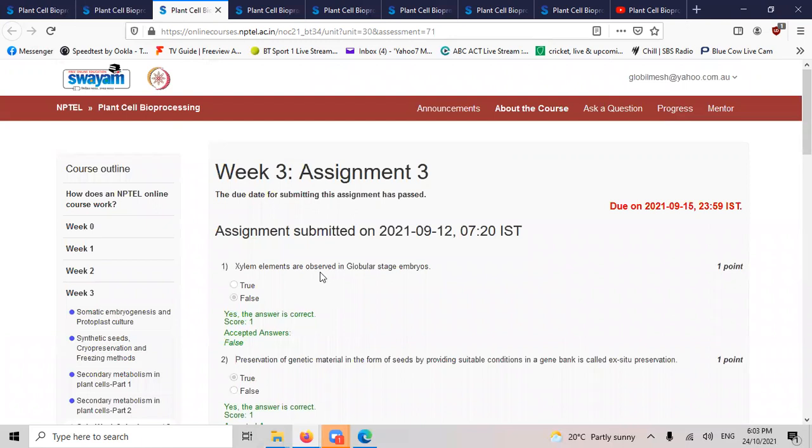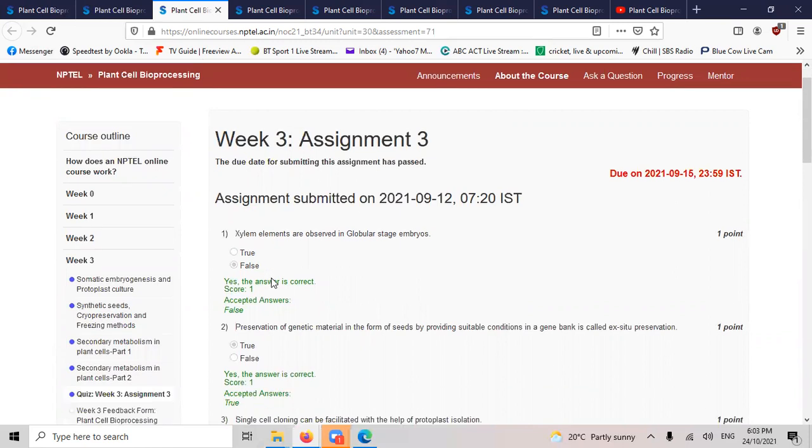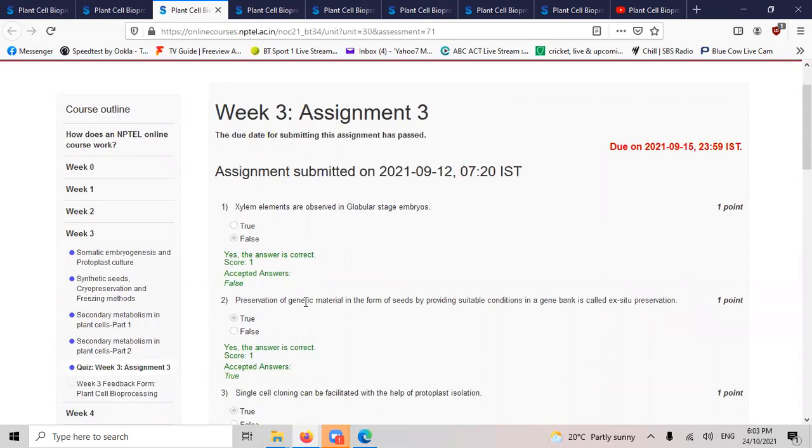Xylem elements are observed in the globular stage embryos. No, it's the heart stage, it's later on. Preservation of genetic material in the form of seeds by providing suitable conditions in the gene bank is called in situ preservation. It's not in situ, it's ex situ.